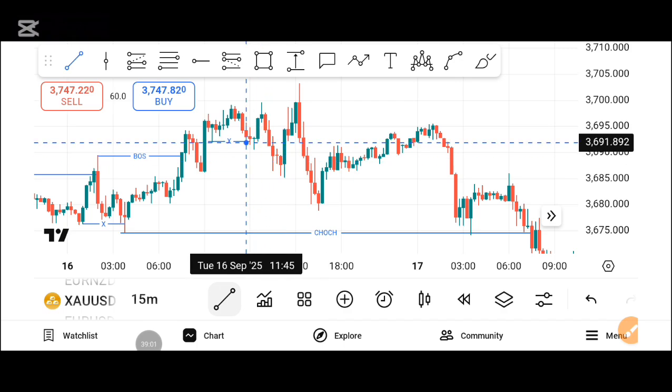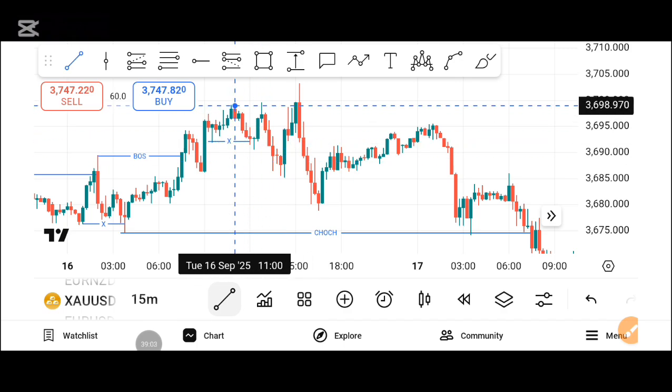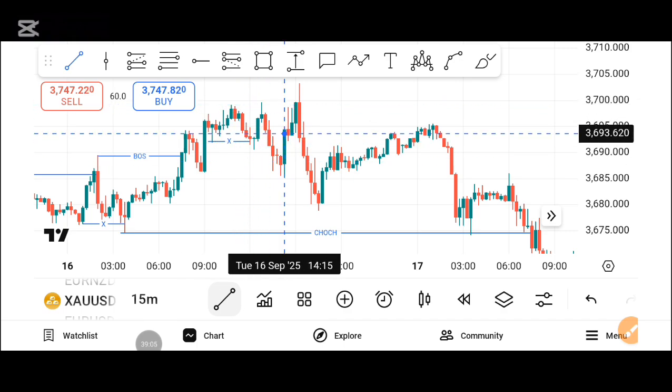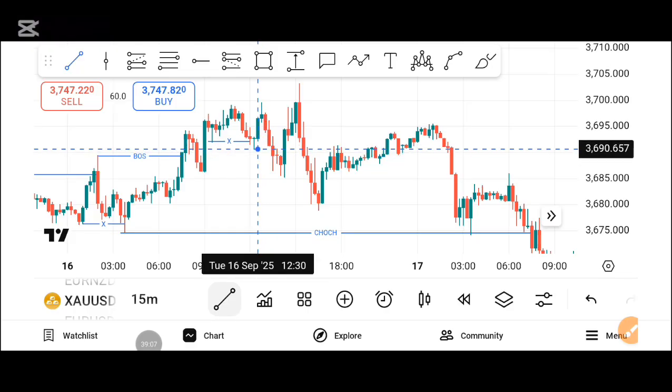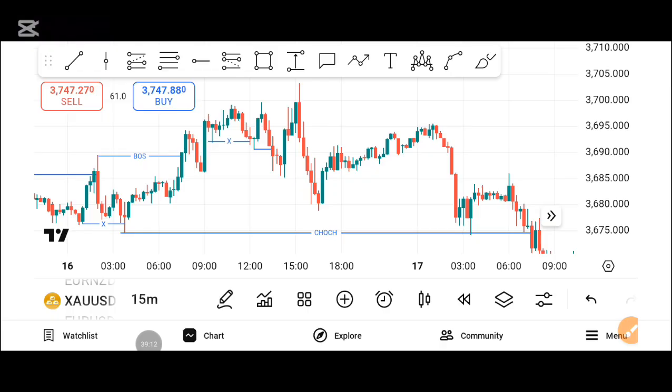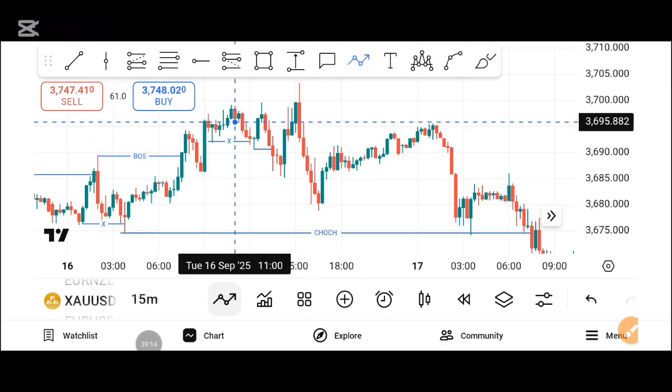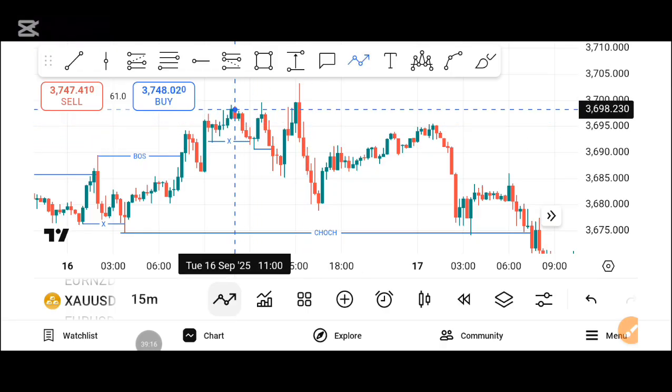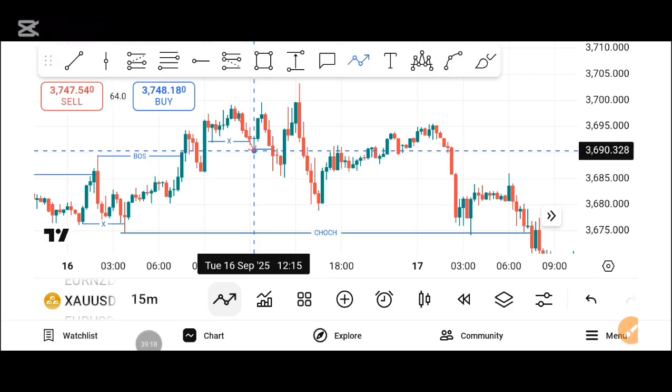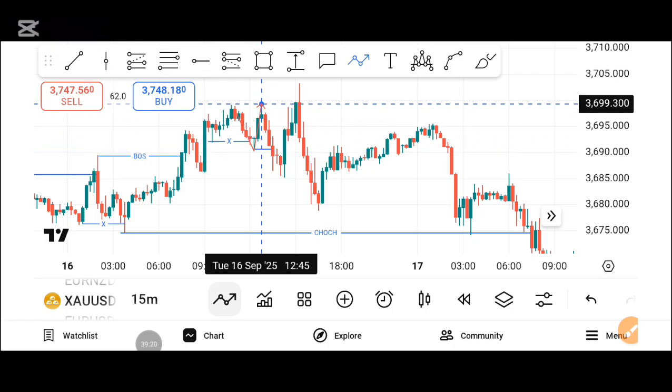It took out this inducement and swept this high here, and we have a new low broken. After this inducement, price retraced back and broke this low.